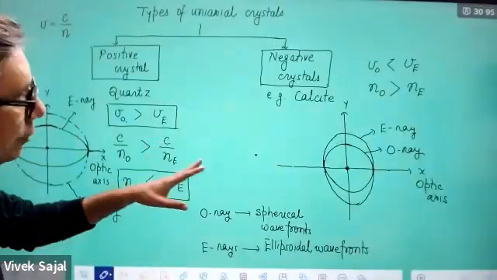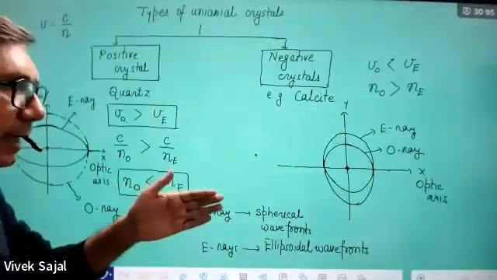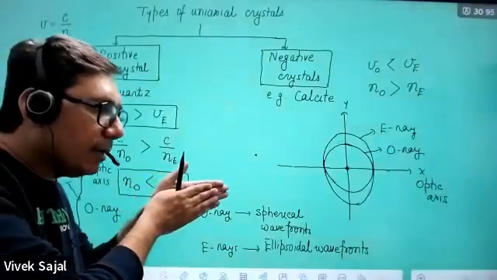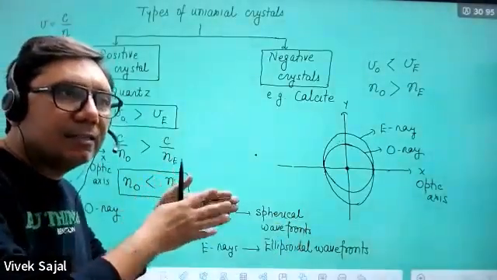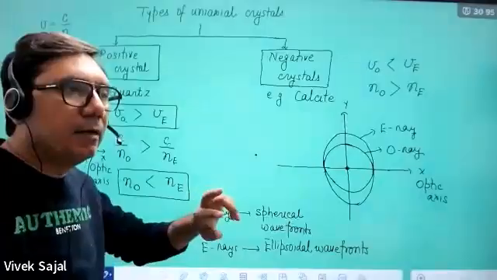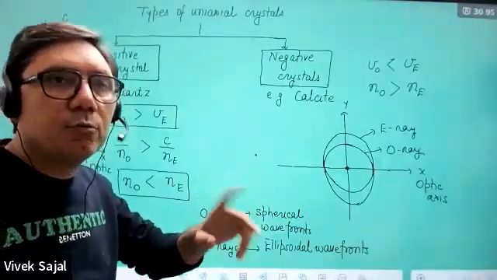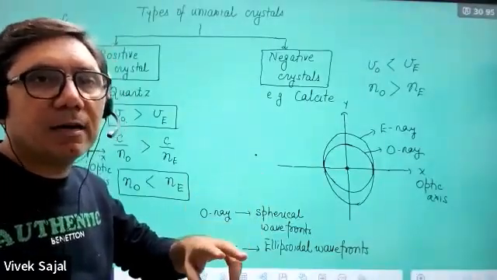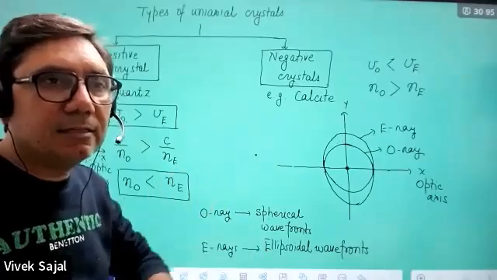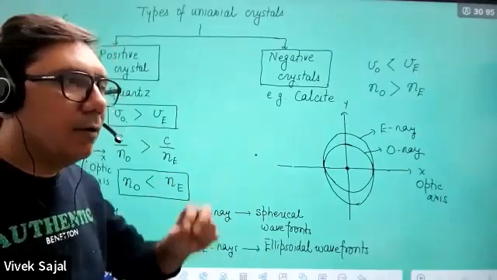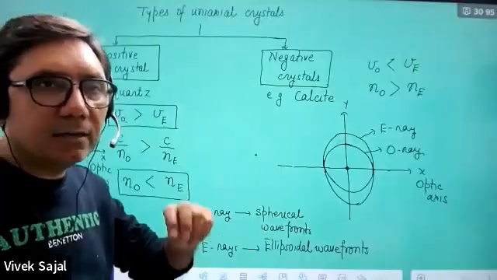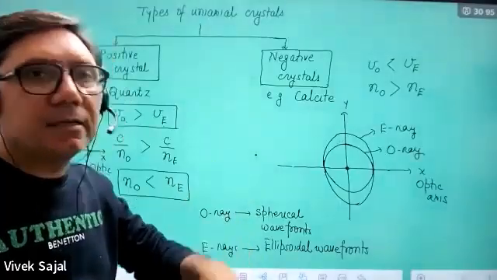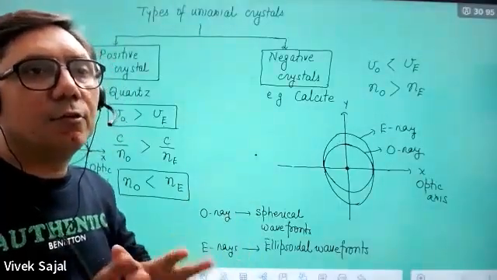Now, on the basis of this type of property, when unpolarized light passes through a doubly refracting medium, it produces two plane polarized lights, one ordinary and another extraordinary. One can design an optical instrument called the Nicol prism.